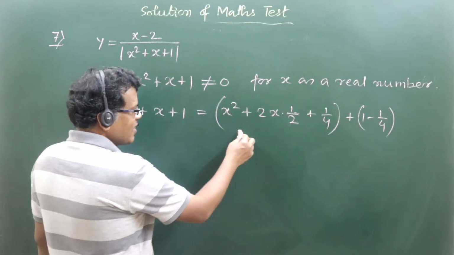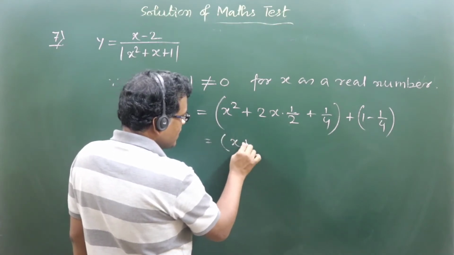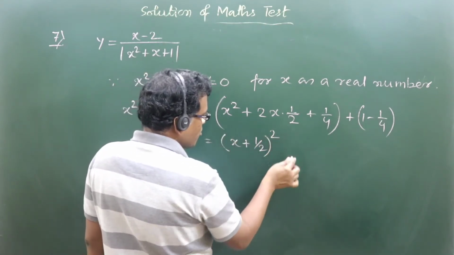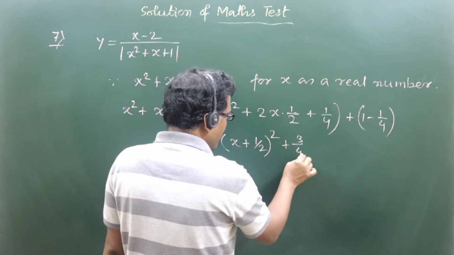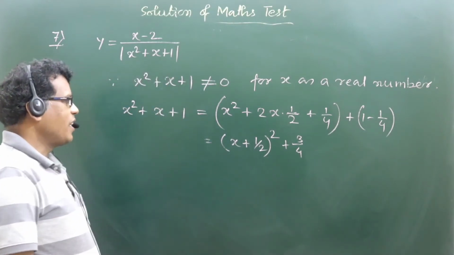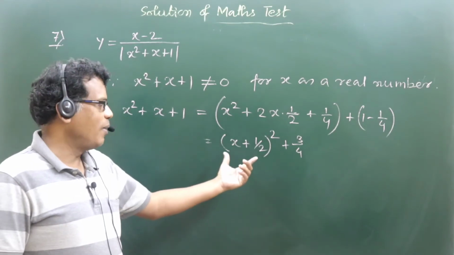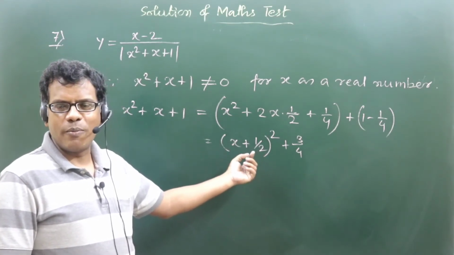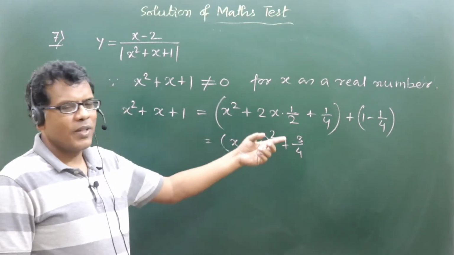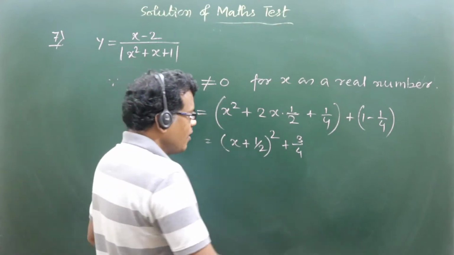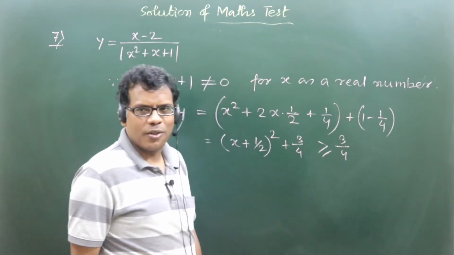The expression in the bracket will be x plus 1 by 2 whole square, plus the rest, 1 minus 1 by 4, which is 3 by 4. So x plus half whole square can't be negative. Its minimum value is 0, so the entire expression's minimum value will be 3 by 4. We can write that this expression value is always greater than or equal to 3 by 4.